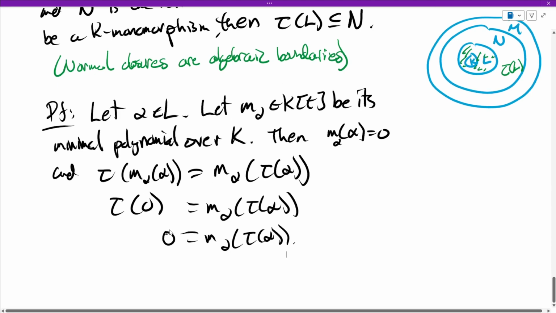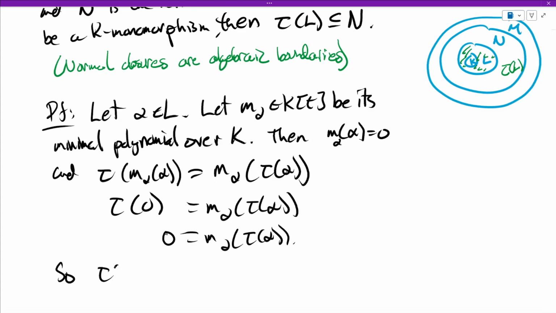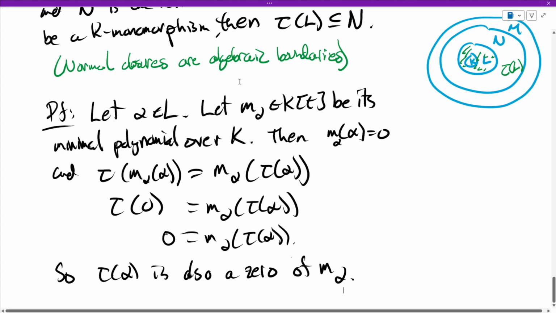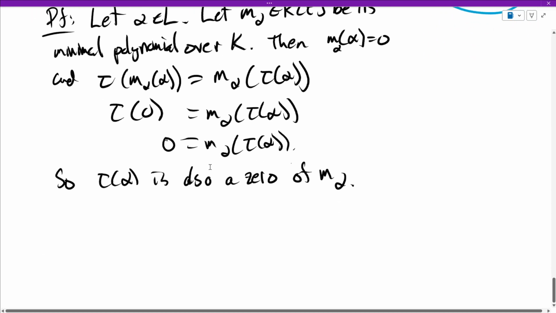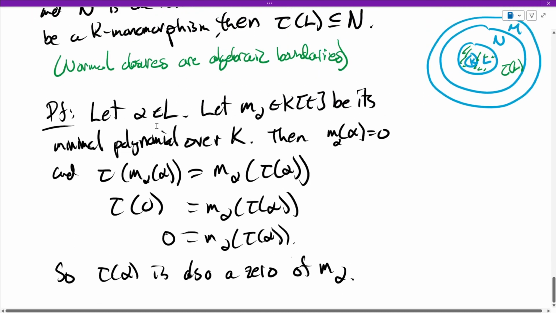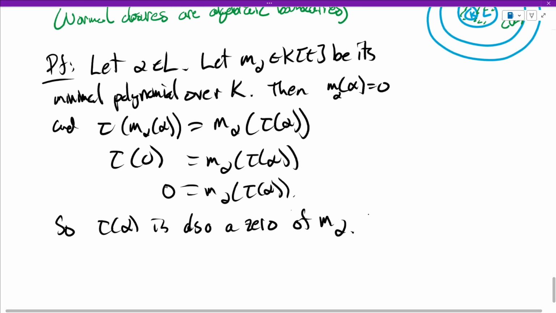So tau of alpha, wherever tau sends alpha, is also a zero of M alpha. But N is normal, and if you have one zero of M alpha, then you must have all the zeros.